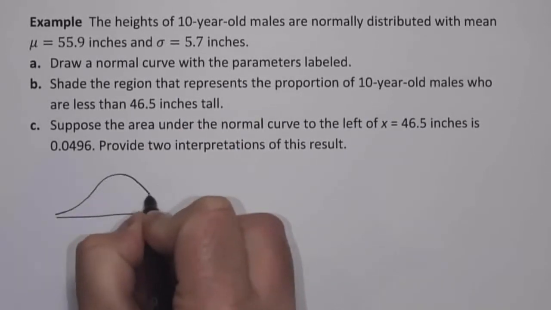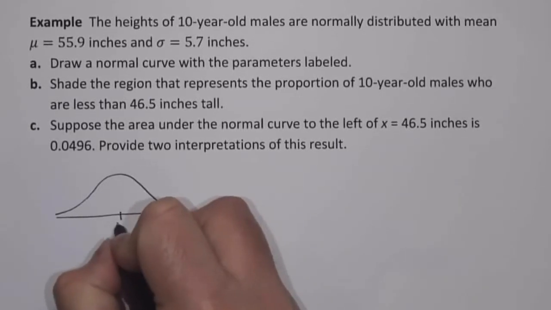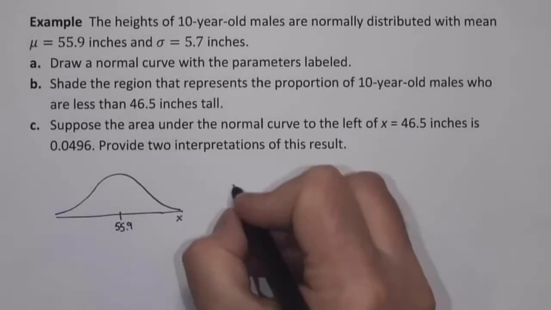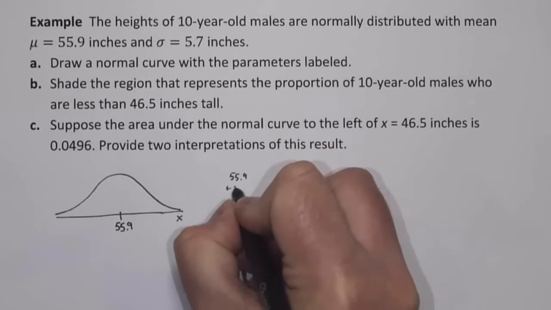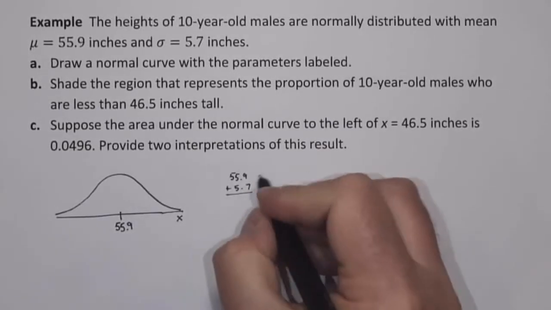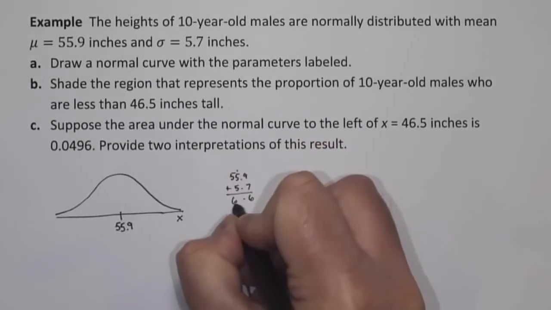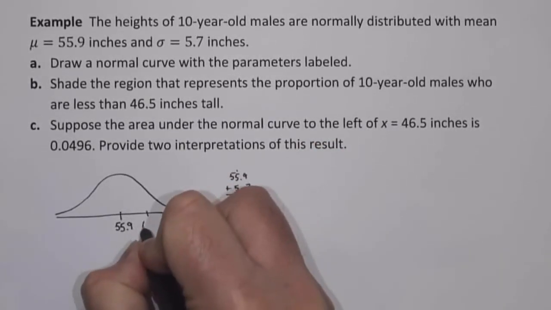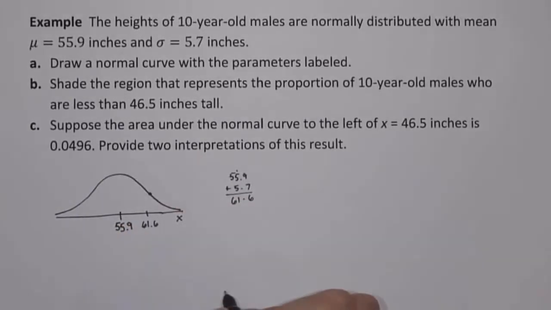So, if we draw our normal curve, we know the mean is 55.9 and the standard deviation is 5.7. Here's my variable x, the mean is 55.9. If I take 55.9 and add the 5.7, the standard deviation, that's going to be 61.6. So at 61.6 is where this inflection point occurs.